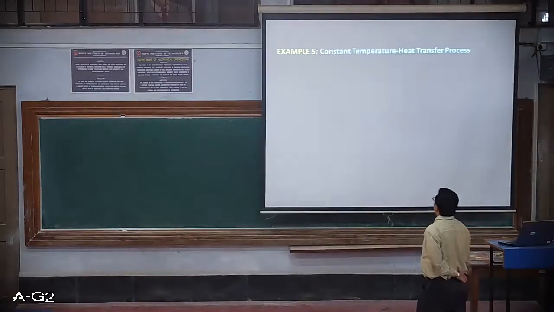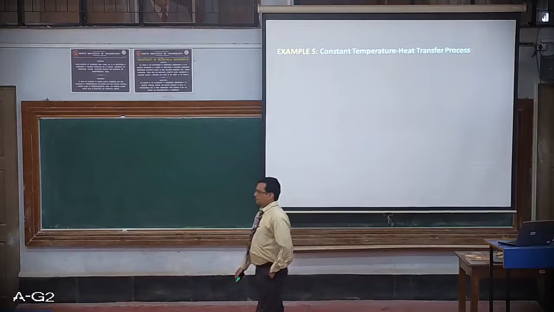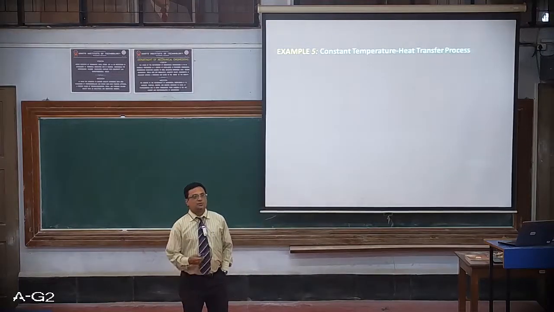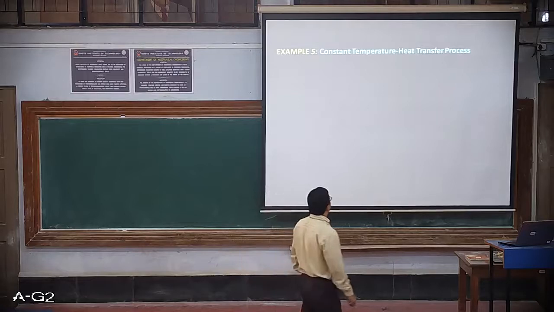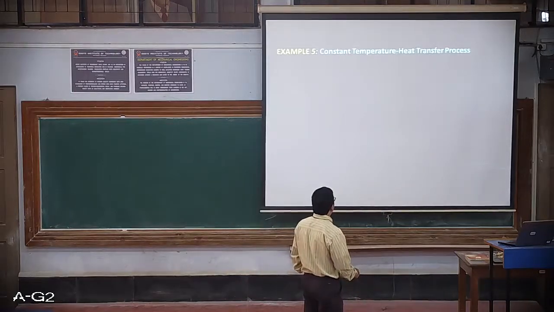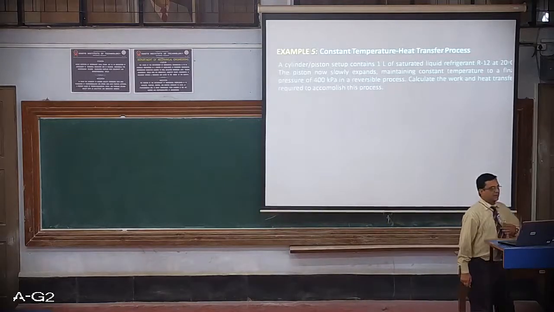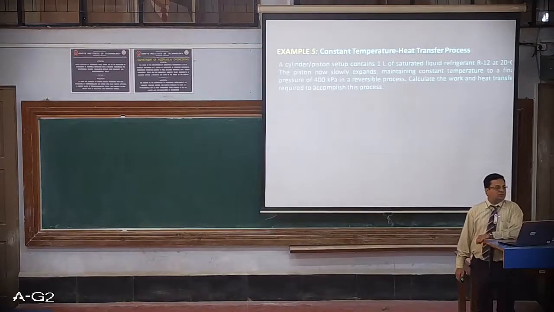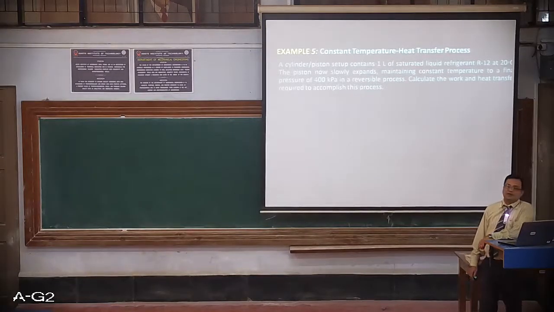Okay. Now in today's class we will take up another example, a constant temperature process applied to a reversible process. Now let's see that constant temperature heat transfer process. Let me read the statement. A cylinder piston setup contains 1 liter of saturated liquid refrigerant, that is R12, at 20 degrees Celsius.